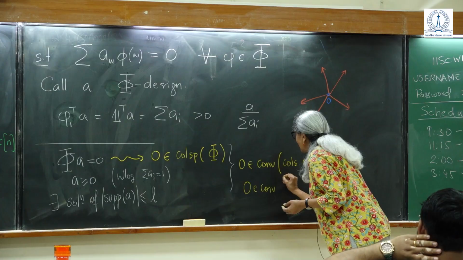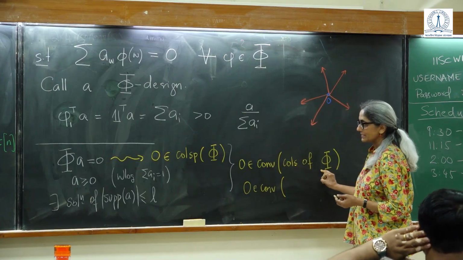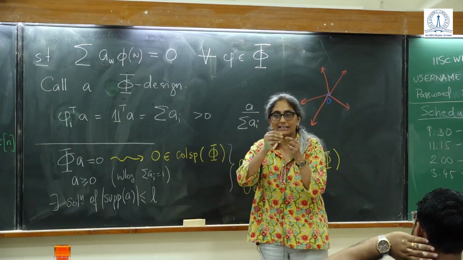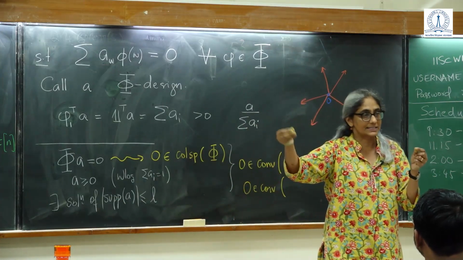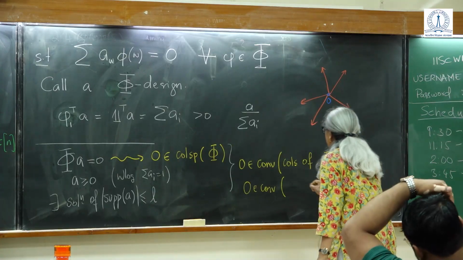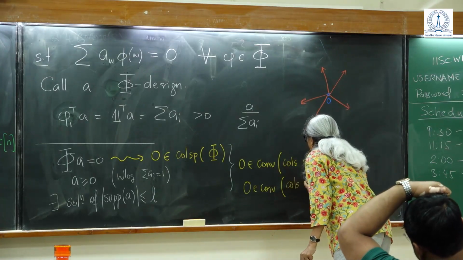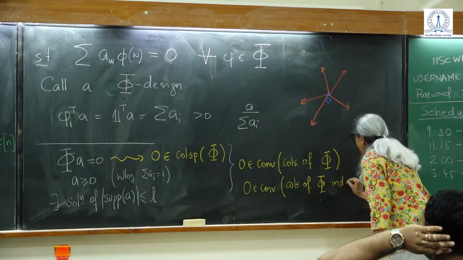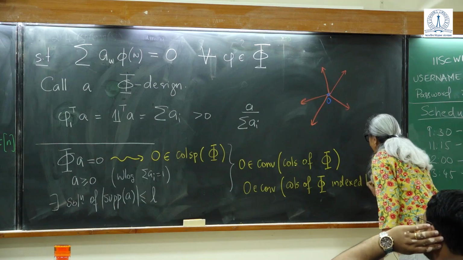It's in the convex hull of only those columns that come with positive weights, right? So you only need the columns that correspond to the support of A, okay? So 0 lies in the convex hull of the columns of phi indexed by the support of A.